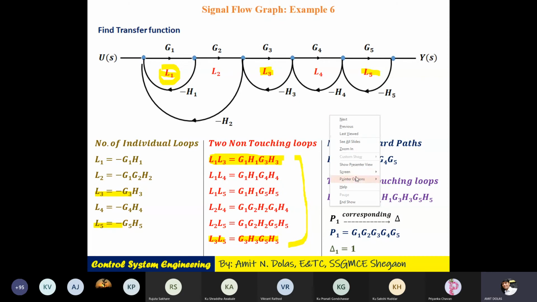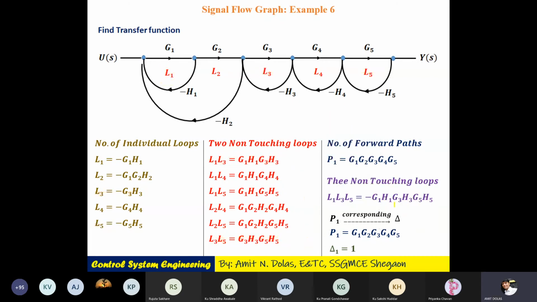Let's see the three non-touching loops. The three loops should be such that they are not connected. So let's see, L1 is connected with L2, but L3 is not connected. L3 is connected with L2 and L4, but it is not connected to L5. So there are three loops here: L1, then L3 and L5.